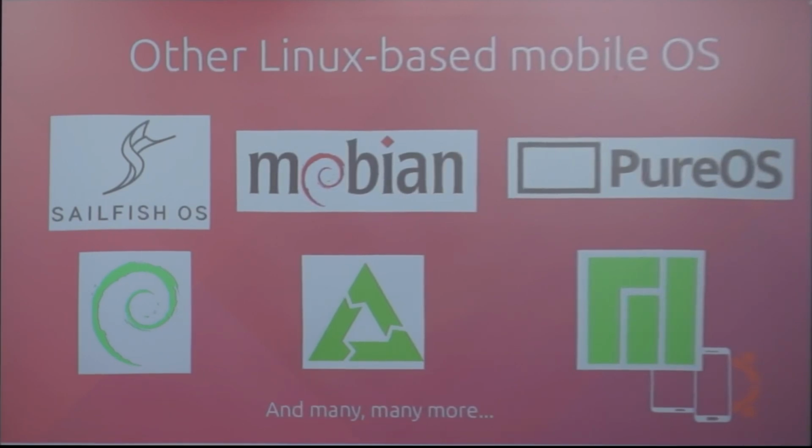So this is the reason I bring up this slide and talk about other OSs too, because at Ubuntu Touch, what we believe in is the freedom of choice, the freedom that you can choose whatever OS you use, whoever you want to share information with, and the privacy to have information not shared with other people that we don't want to share them with.